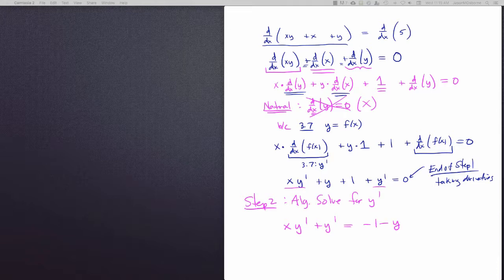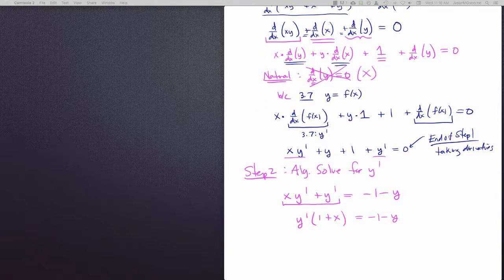Okay, and on this side of the equation, both terms have a y prime in it, so I will factor out the y prime. Okay. And now you can do your last step, solving for y prime by dividing both sides by 1 plus x.